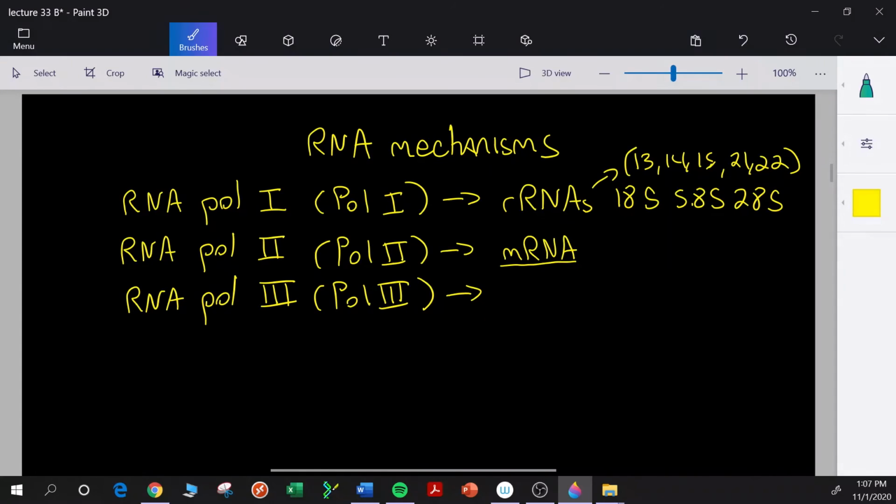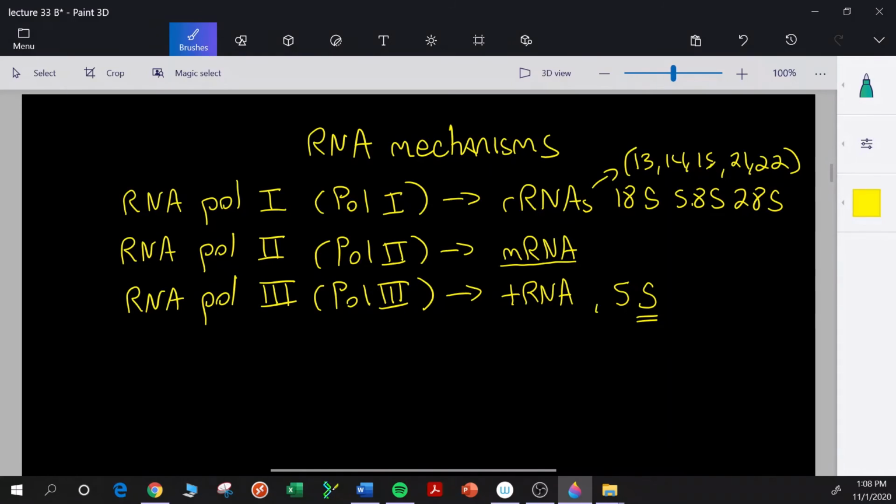RNA polymerase 3, its primary job is to transcribe the tRNAs, those RNAs that transport the amino acids to the ribosomes during translation. It also transcribes the 5 Svedberg ribosomal RNA. Svedberg, if you forget, is just a size measure that is used sometimes for different biological molecules.